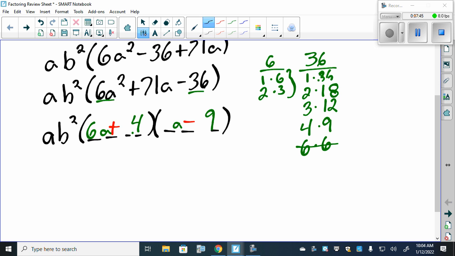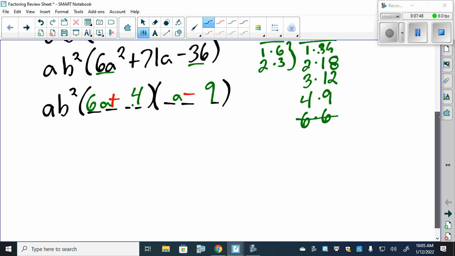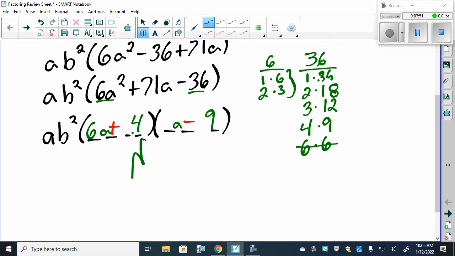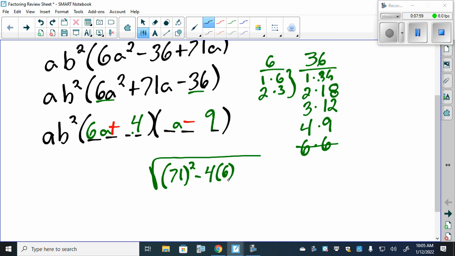Well, let's just check something here. The square root of b squared minus 4ac is 64.6297.